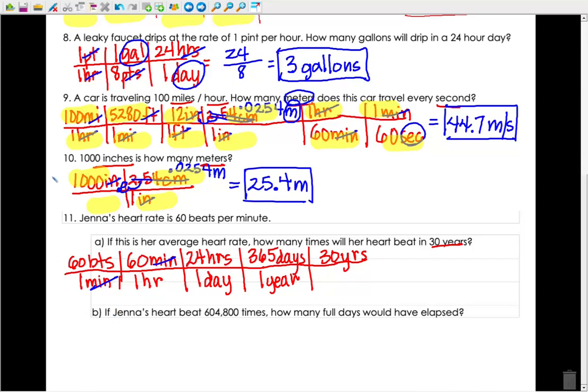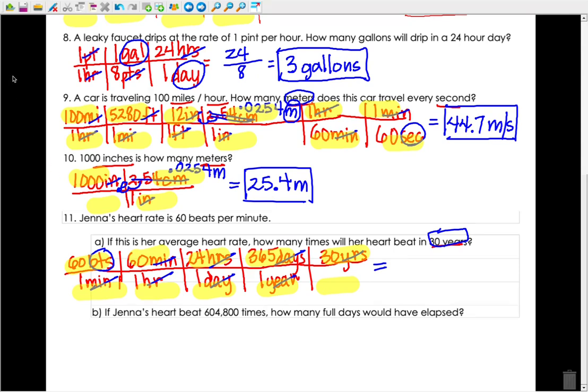And now all I have to do is cancel out hours with hours, days with days, and then years here will give me the number of beats in 30 years once I multiply across the top. So I've just got to multiply this times this times this times this times this. All of it's over an understood 1.